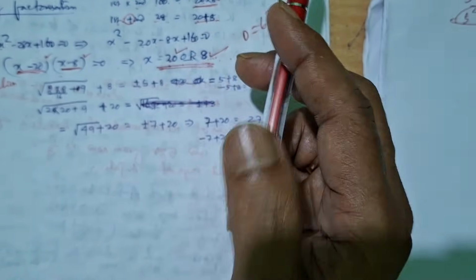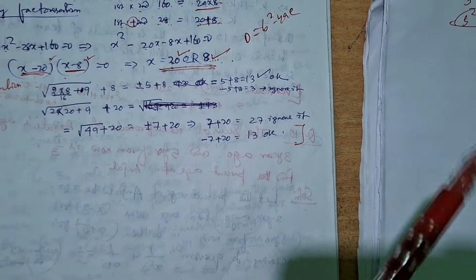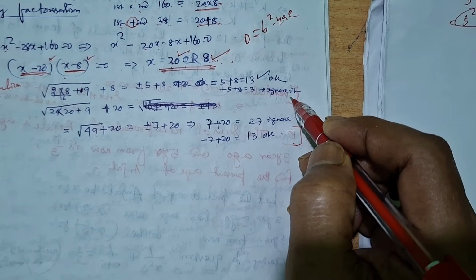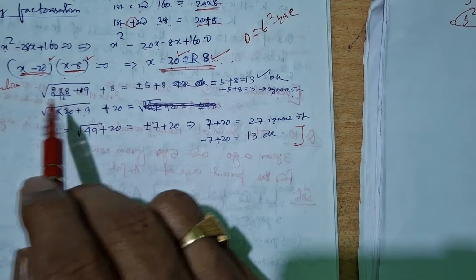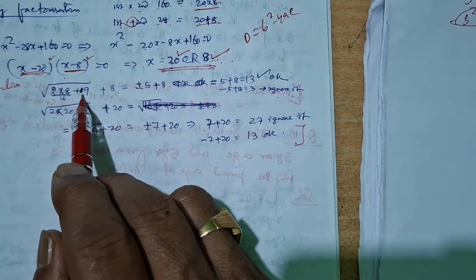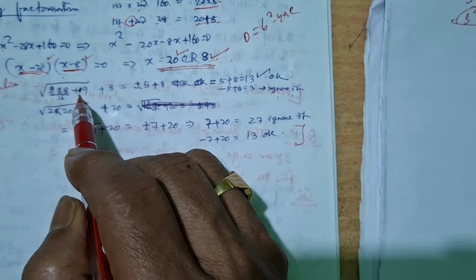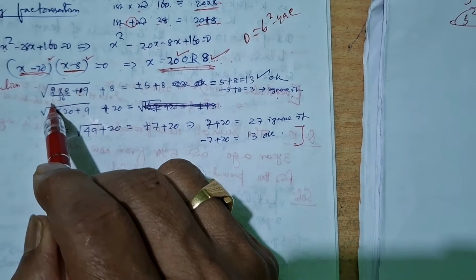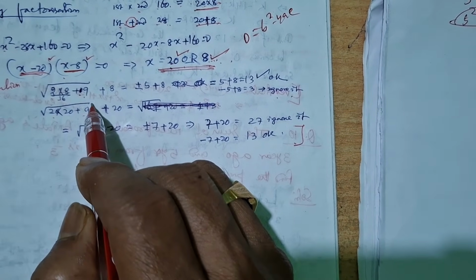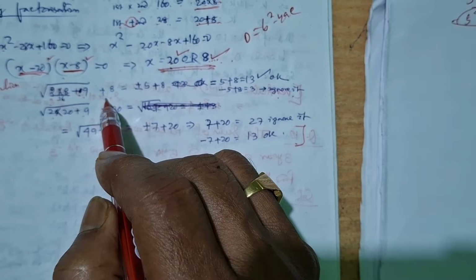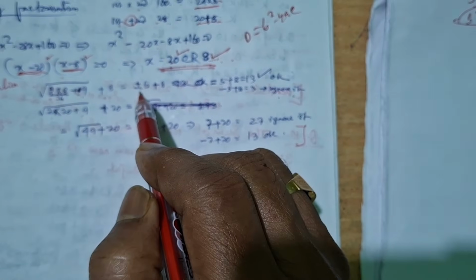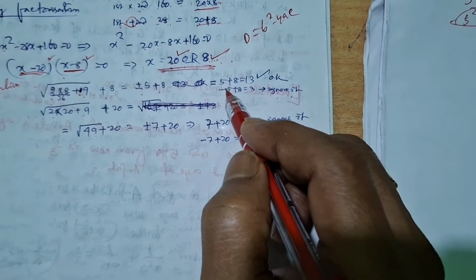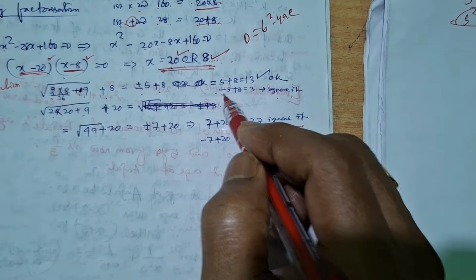Verify. Verification. You just verify. First you take 8. 2 into 8 plus 9, it is 16 plus 9, 25, root over 25 is plus minus 5, plus 8 is equal to 5 plus 8, 13, or minus 5 plus 8, 13.